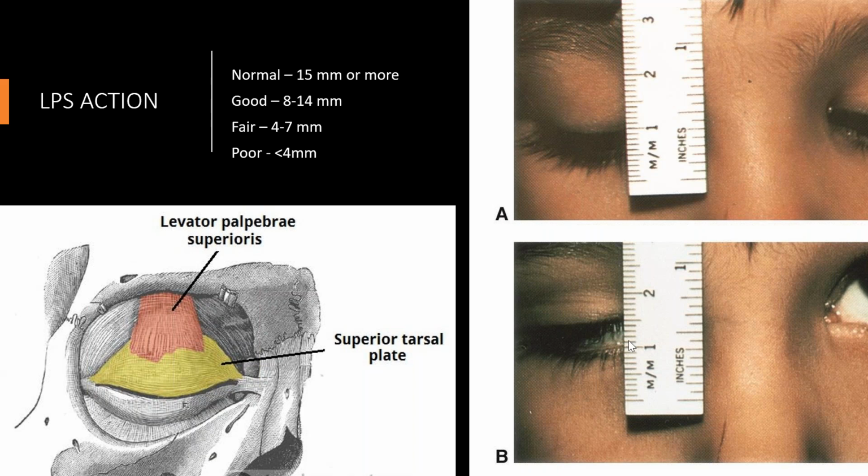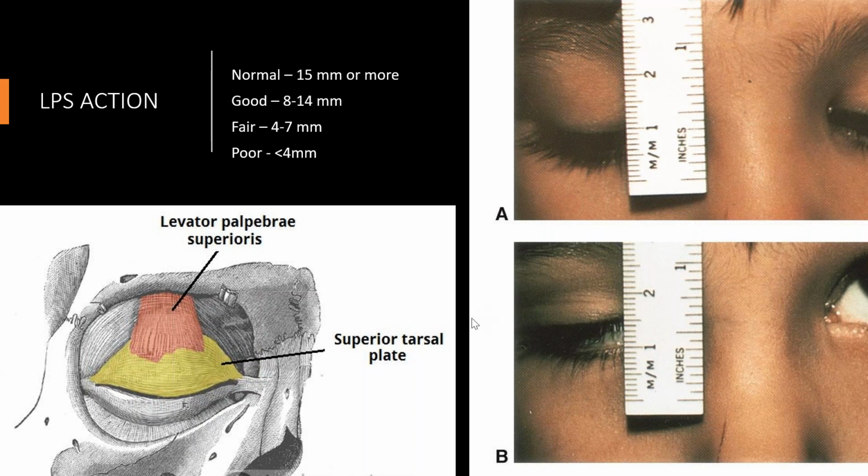Now it has come to 1.5, or 15 mm, right? But since we started from 1, we eliminate that 0 to 1 part. So you're actually measuring the excursion of the lid, and that is only 5 mm. It's gone from 1 mm in the down gaze up 5 mm in the extreme up gaze, right? So that is how you measure the LPS action.